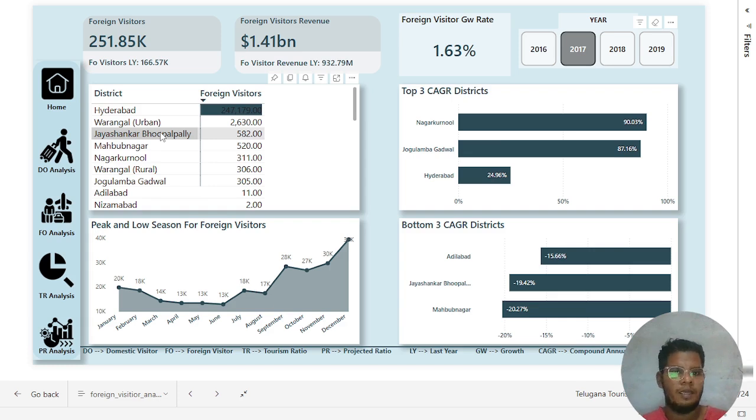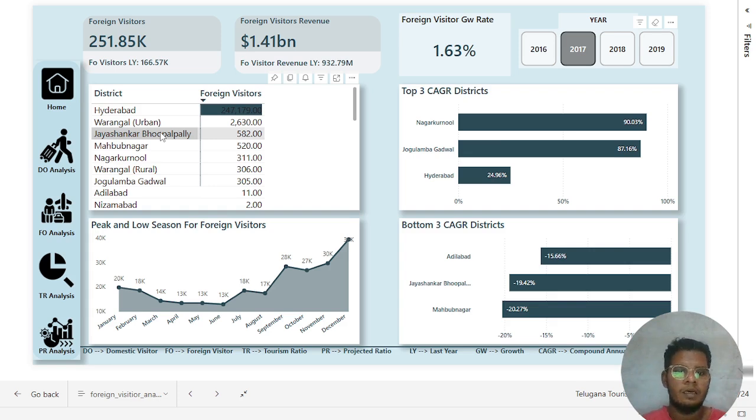And then peak and low season for the foreign visitors. The peak season for the foreign visitors is December to January, because in June they have the summer season, and more holidays in December and January. Those months are very holiday-heavy, so people want to visit other countries.